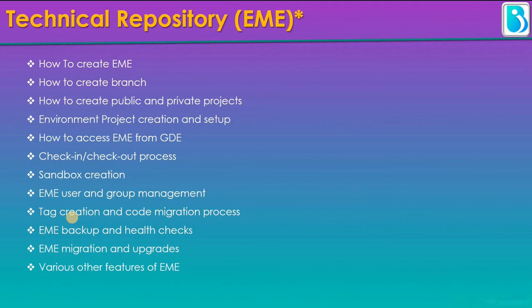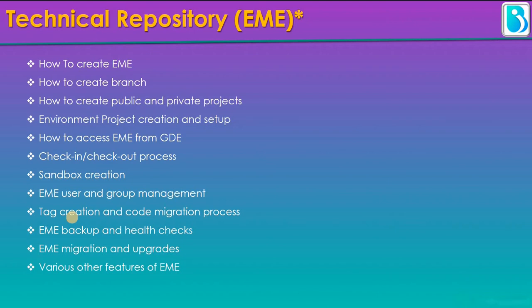EME backup and health checks. As an administrator, we are responsible for taking regular backups and maintaining the health of the EME. EME migration and upgrades: during a cluster migration, we need to migrate EME from one server to another server. That is also an administrator task.